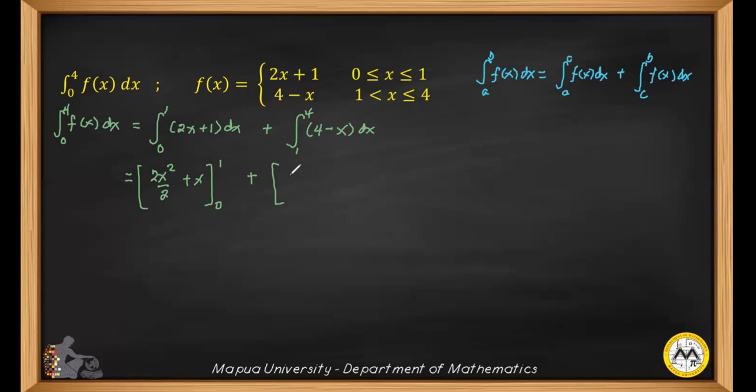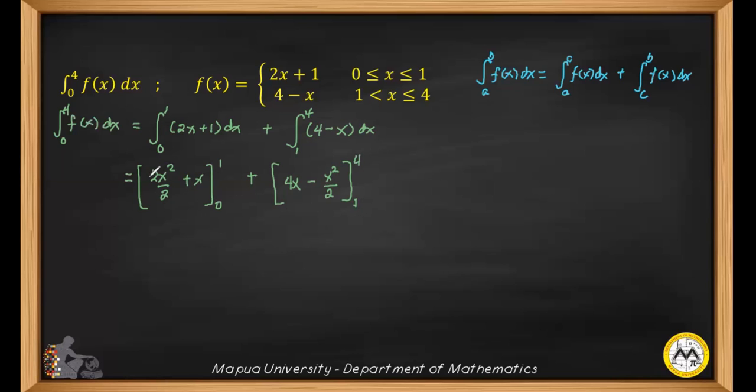Of course, the integral of 4 dx is 4x minus the integral of x dx, which is x squared over 2. This is to be evaluated from the lower limit 1 to the upper limit 4.